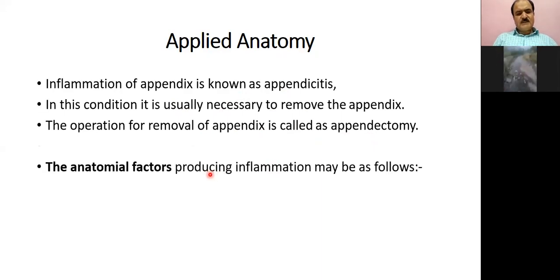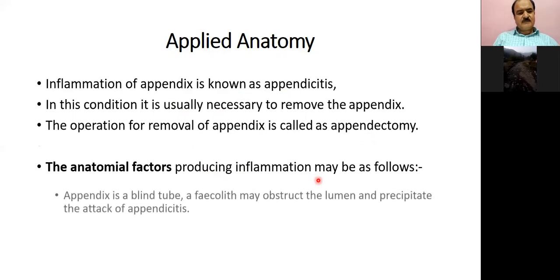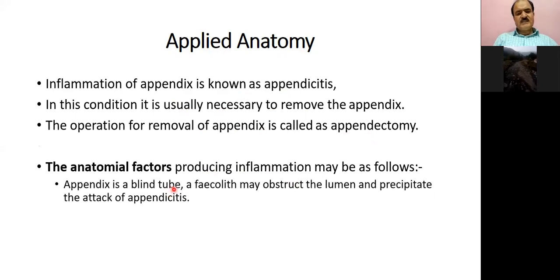What are the anatomical factors which may predispose a person to appendicitis? The appendix is a blind tube, meaning it is distally closed and not patent.